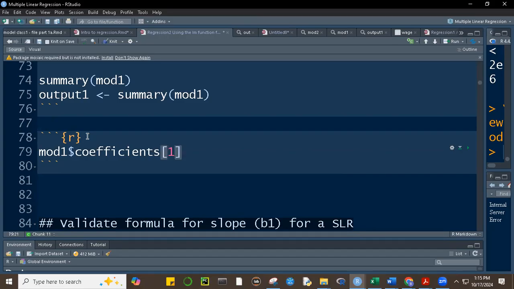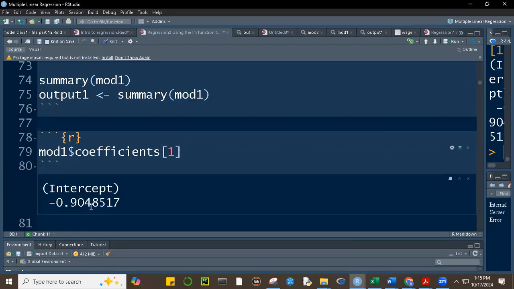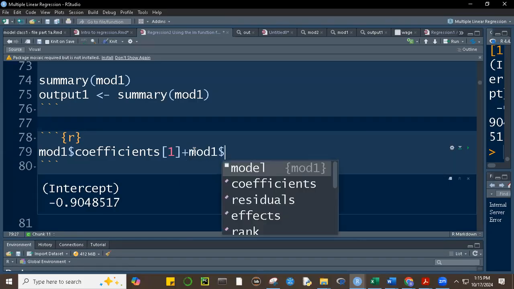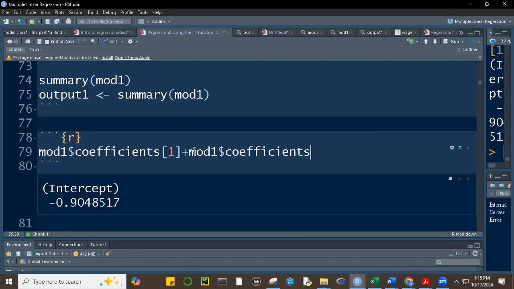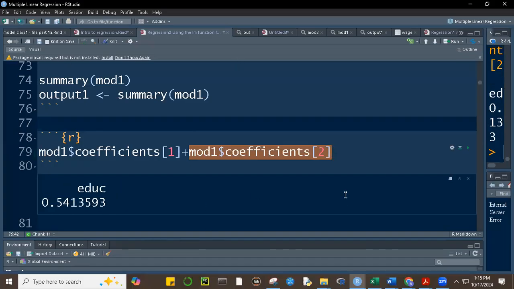Control enter. Intercept, negative 0.905. Then I'm going to add plus mod 1 dollar coefficients, and the second one is your slope. If I highlight this, control enter, that's for education, right?